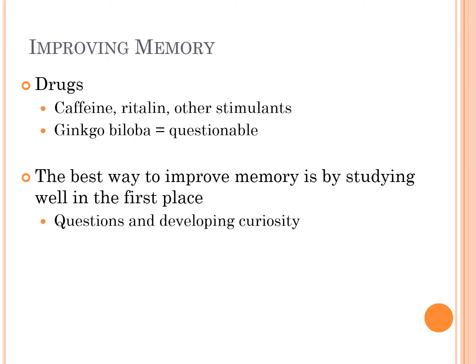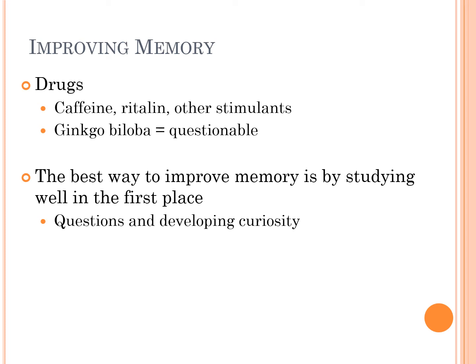Okay, so he ends this section of learning and memory discussing improving memory and how we can do that. And as many biological textbooks do, he discusses drugs and some of those, transcranial magnetic stimulation, or how we can excite neurons, which some of that is so new and so questionable as to the long-term effects.